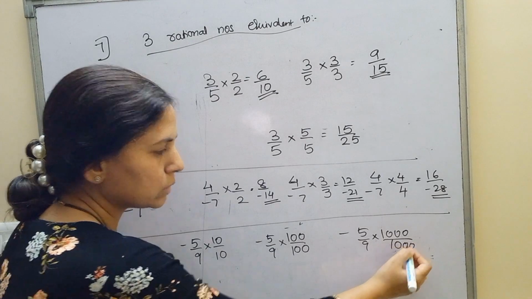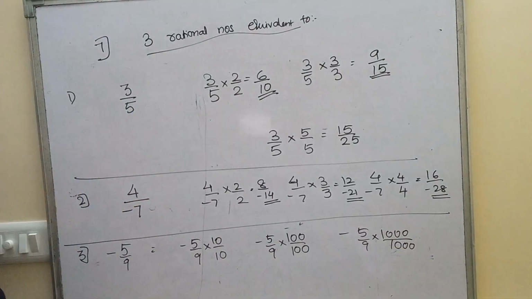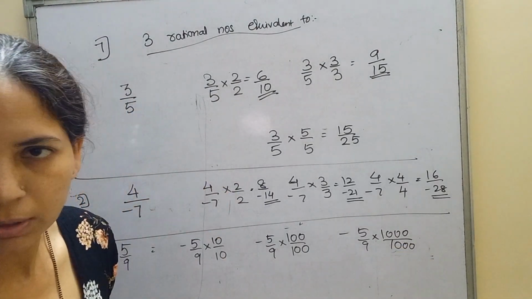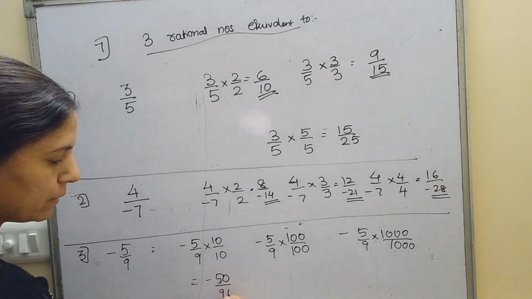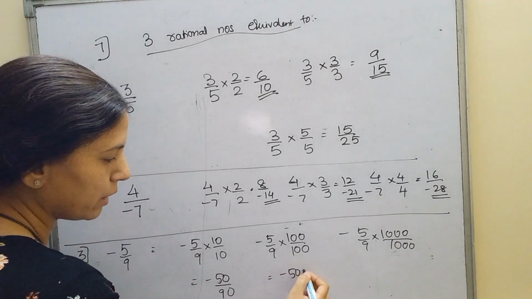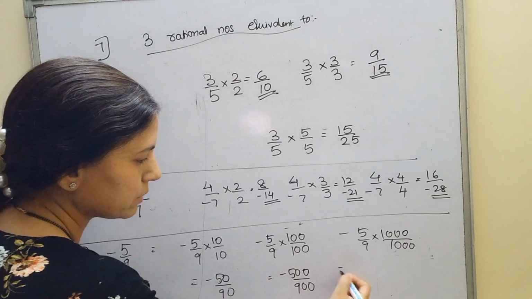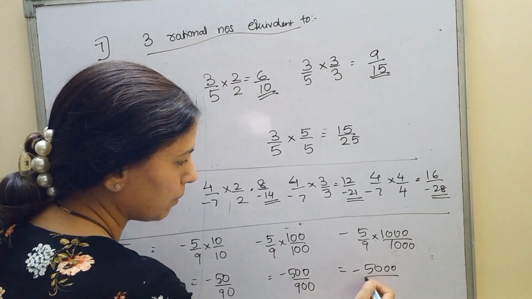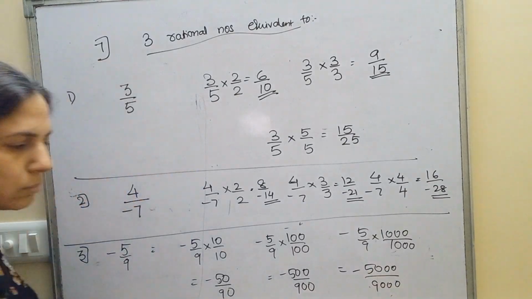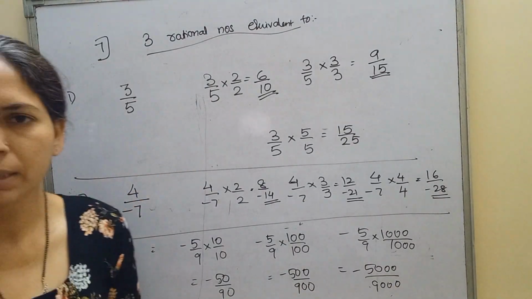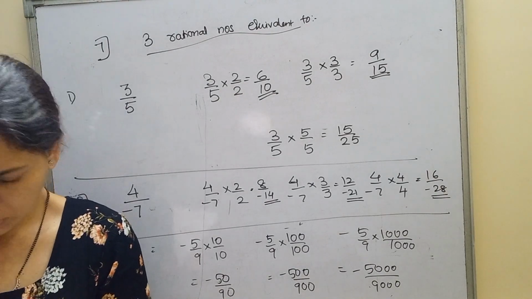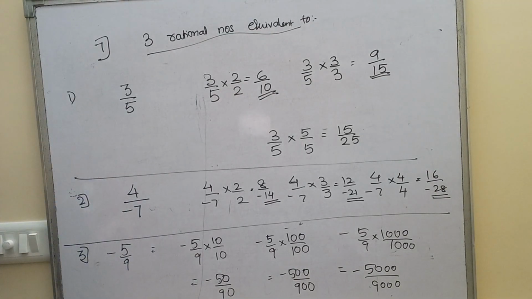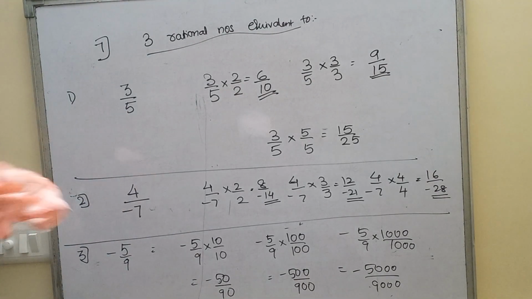If you have no time for multiplication, you can use this shortcut method. So this becomes minus 50 upon 90, this becomes minus 500 upon 900 and this becomes minus 5000 upon 9000. Shortcut trick. Hope you understood this. Come on, let's go ahead with the next question. That is question number 8.